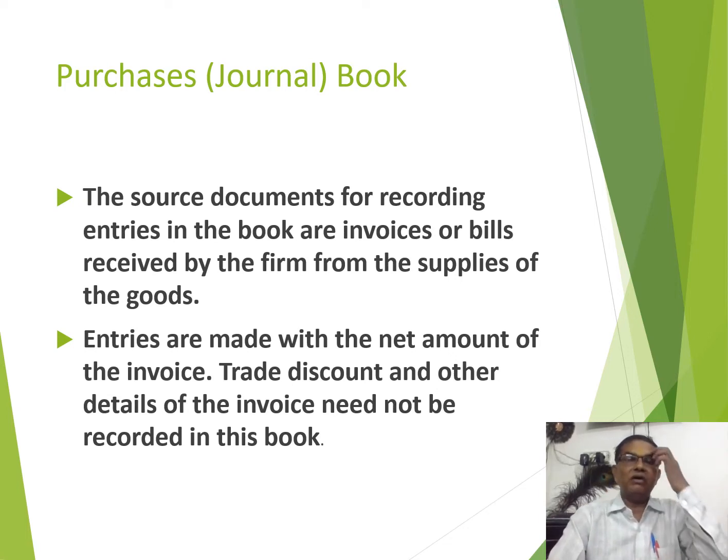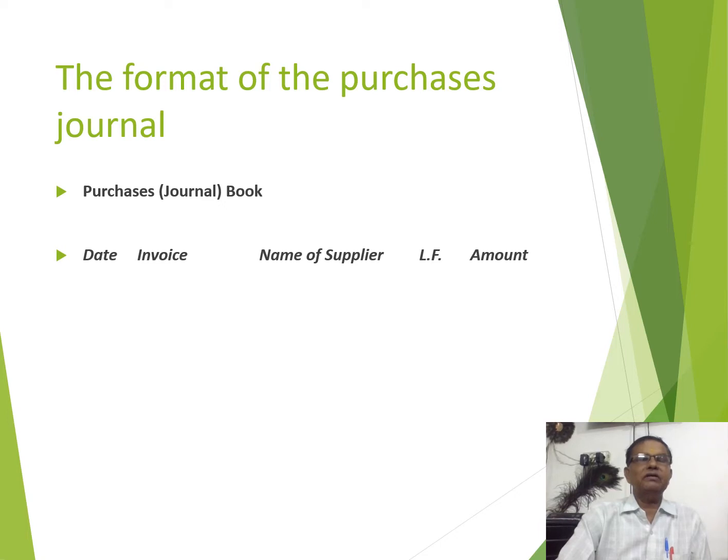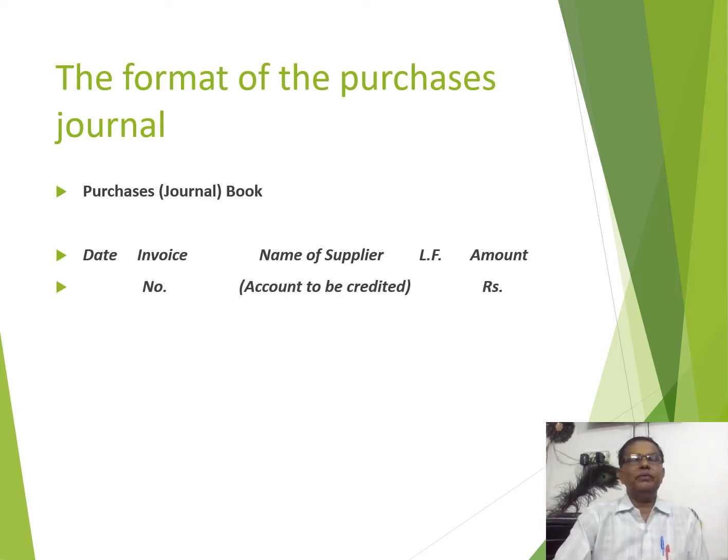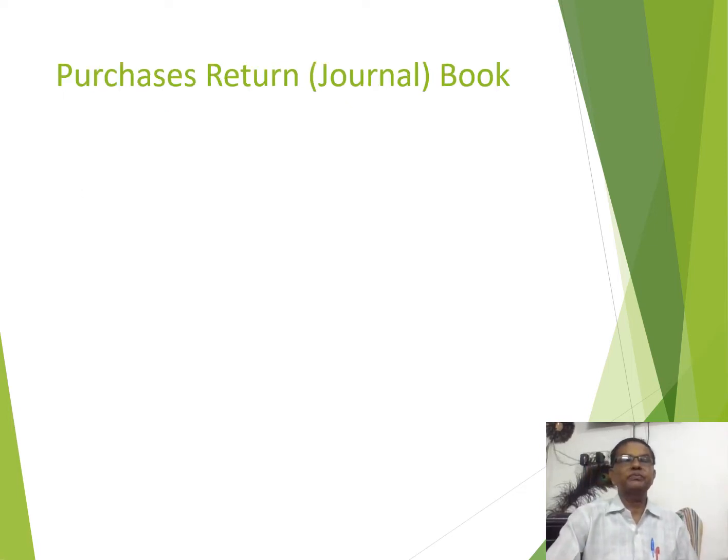If trade discounts are given, other details of the invoice need not be recorded in this book. The format of the purchase journal is given here. In this journal, we put the date, invoice number, name of supplier to be credited, ledger folio, and amount in rupees.